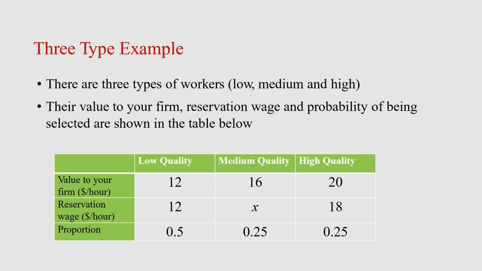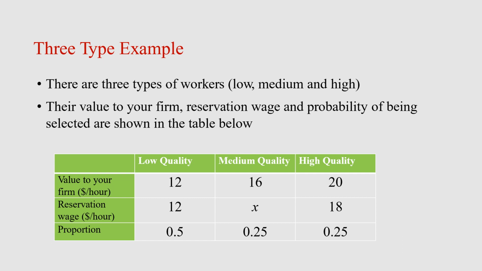A medium quality worker's value is $16 an hour, and a high quality worker is worth $20 an hour. The reservation wage for a low quality worker is $12 an hour. We don't know in this example what the reservation wage is for a medium quality worker. We're going to calculate that. And a high quality worker has a reservation wage of $18.